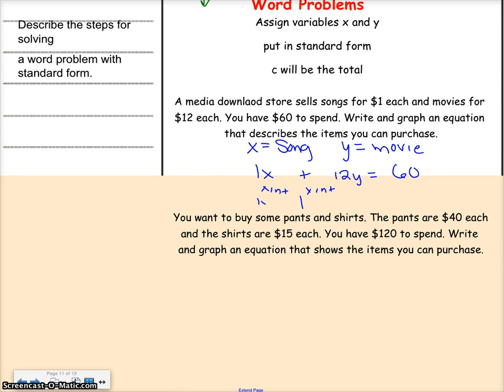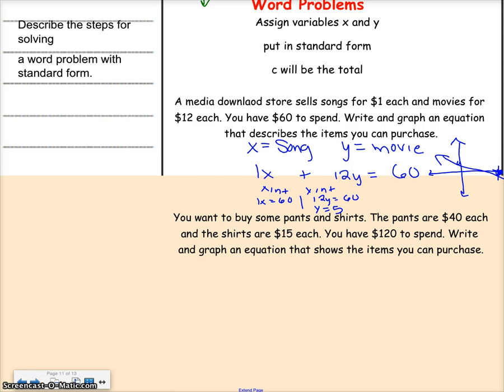So x end is 60, y end, what is that, 5? Yep. I can buy 5 movies, and then you could graph it. Oh my goodness, I can't get to 60. Pretend 60 is right here, 5, your graph would look something like that. Something along those lines, isn't it?